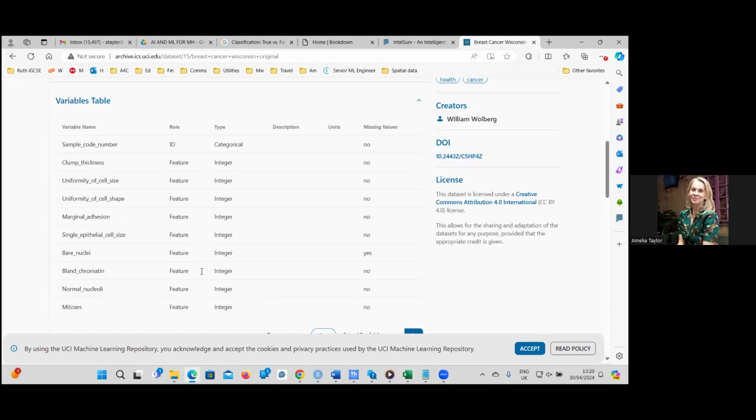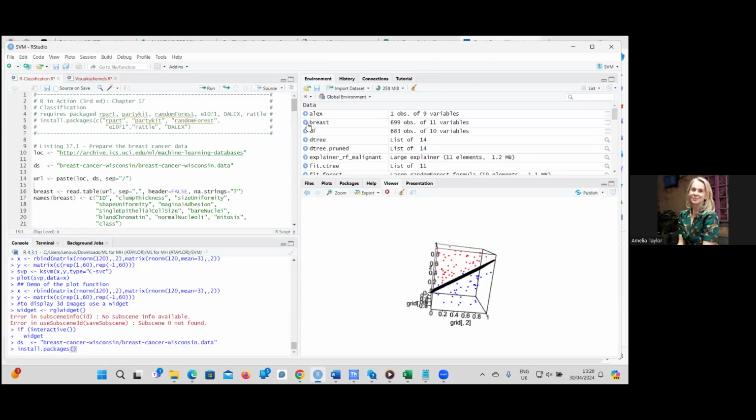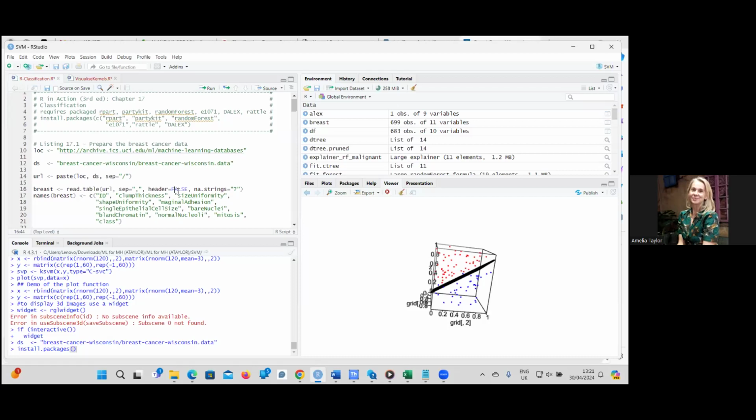I'm not a medical professional, but this would probably make a lot of sense to somebody who works in that field. So I have my data set, and the idea would be that you would want to diagnose whether some tumor that is being observed is malign or benign based on this data that you see here.